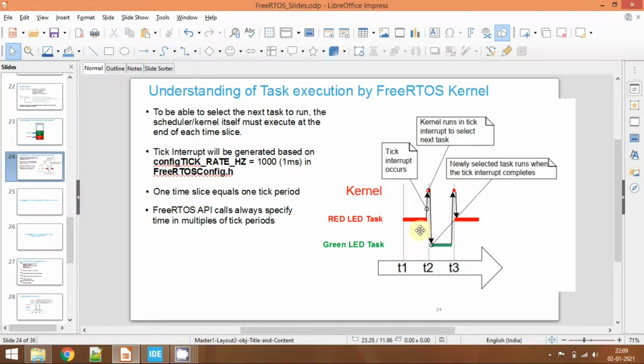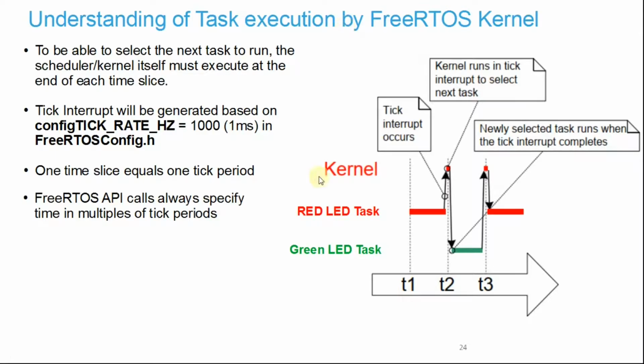We also call it one time slice. From T2 to T3 we also call another tick period. But what you have to notice is the difference between T1 and T2, and T3 and T2, both are the same.